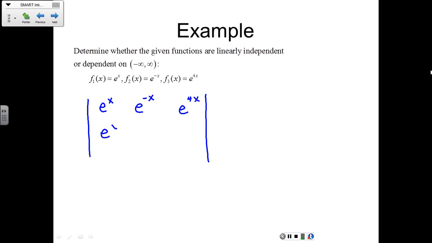Derivative of e to the x is e to the x all the way down. Derivative of e to the minus x, negative e to the minus x, and positive e to the minus x. Derivative of e to the 4x is 4e to the 4x, and 16e to the 4x. Recopy.